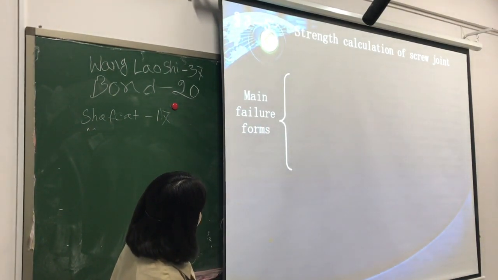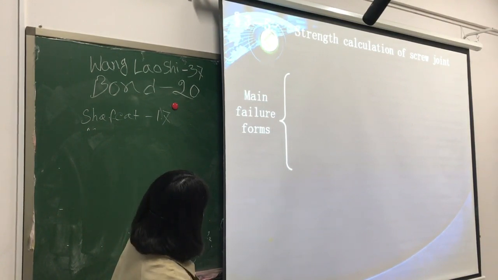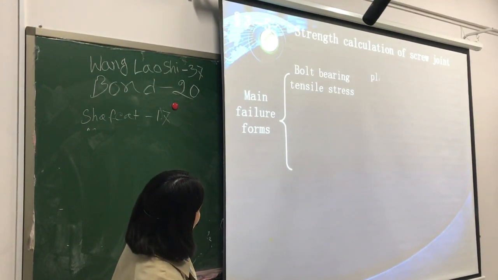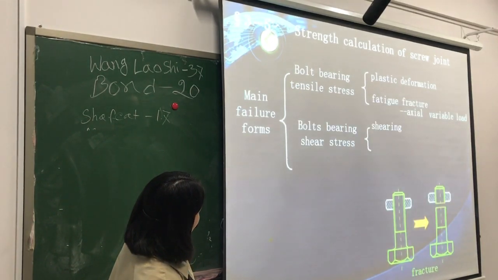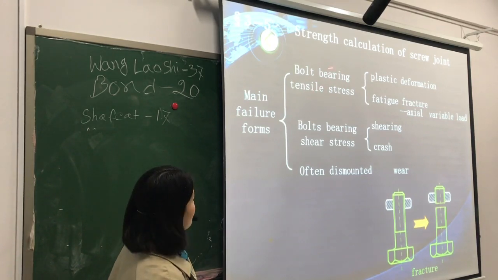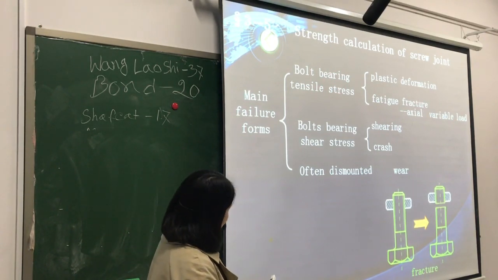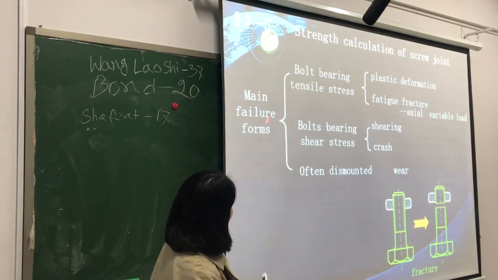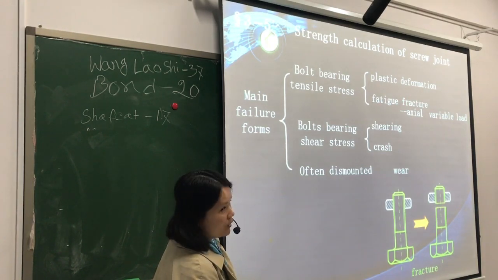And in this part, we'll calculate the strength of screw joint. The main failure forms for a bolt bearing tensile stress are plastic deformation or elastic deformation, and fatigue fracture when subject to a variable load.